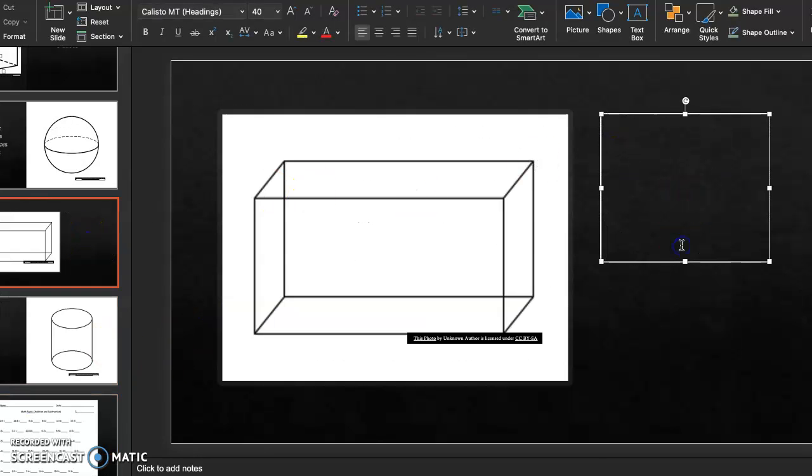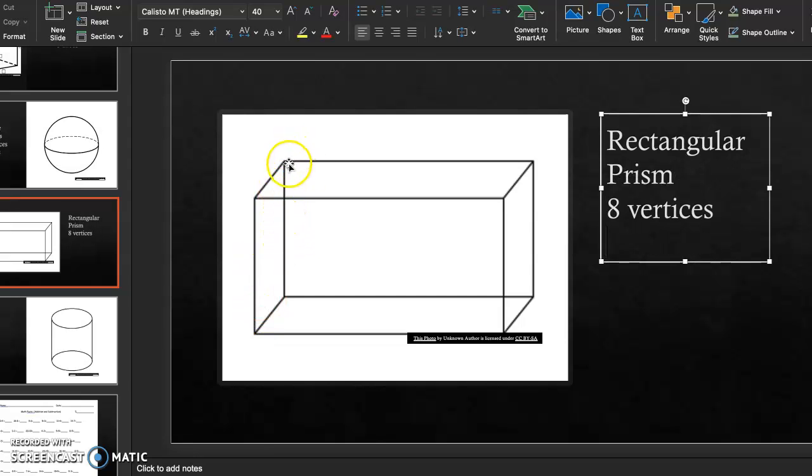Now we have a rectangular prism. How many vertices? 1, 2, 3, 4, 5, 6, 7, 8. 8 vertices.